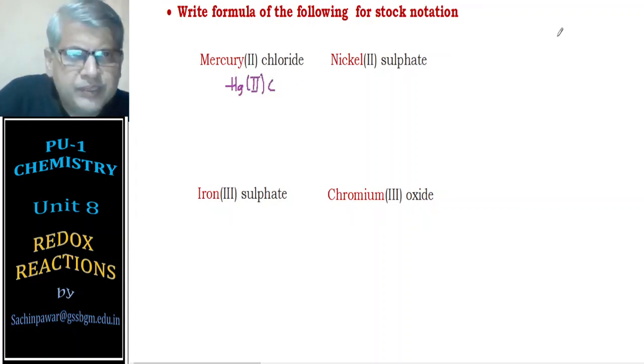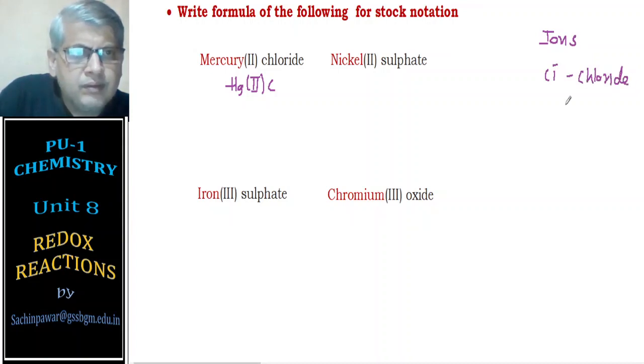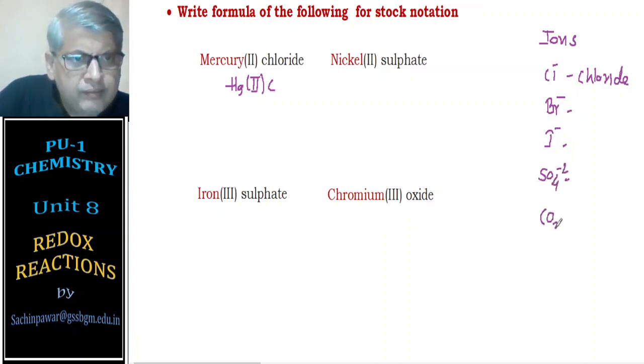chloride. Now you must know all the ions, like Cl minus is called chloride ion, bromide ion, iodide ion, then sulfate ion, then carbonate ion, oxide ion, nitride ion, and so on.